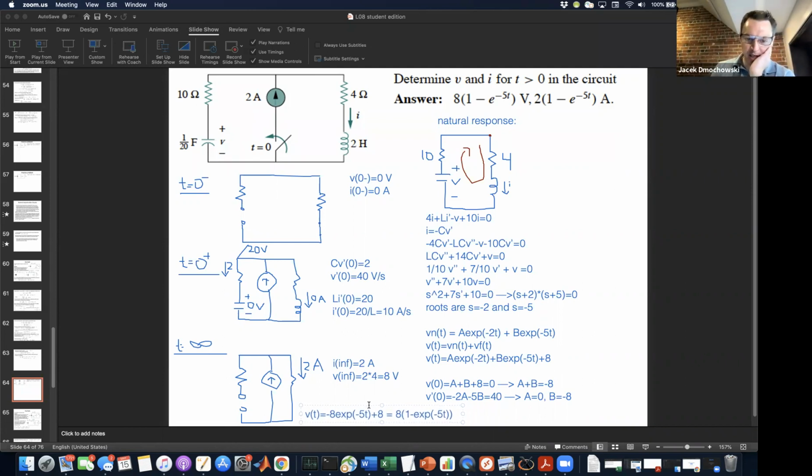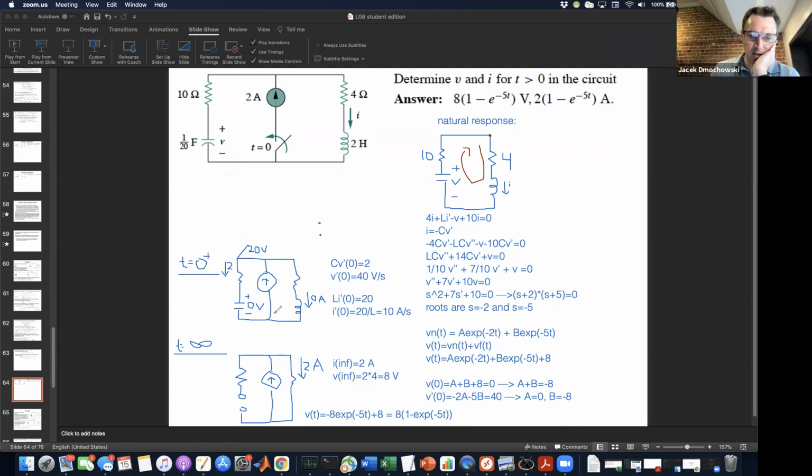And so now the question is, we got our solution for V. How do we now get the solution for I? I don't want to have to do all that work again for I. Fortunately, you don't have to. So what I'm going to do now is look at the circuit at time equals 0 plus. You want to look at the transient.